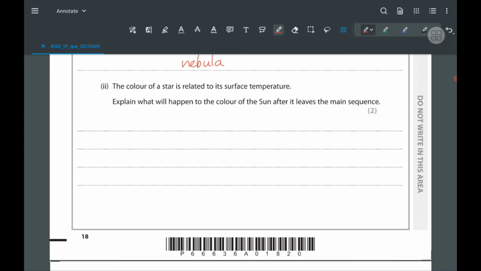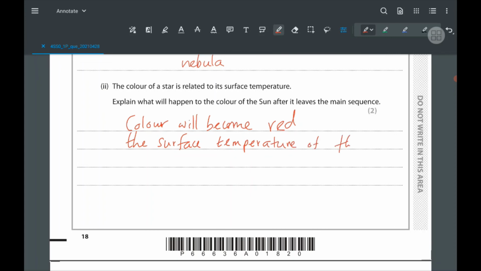So we will say the color will become red. Also, the surface temperature of the sun will reduce, or it cools down.